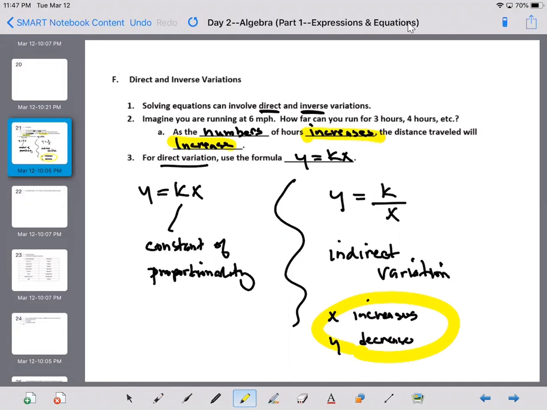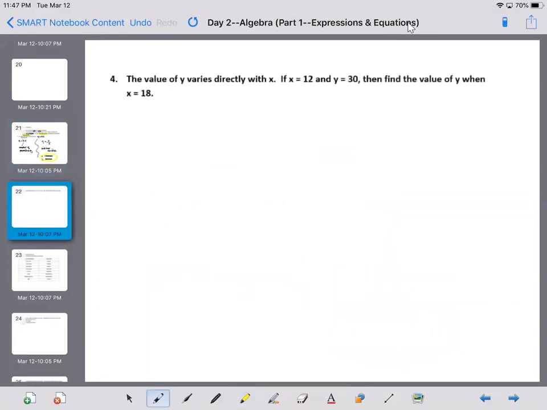So let's look at an example, and we'll look at it from as it varies directly to as it varies indirectly. So the value of y we see varies directly with x. So y is equal to kx, and if x is 12, I just want to figure out what k would equal when y is 30 and x is 12.